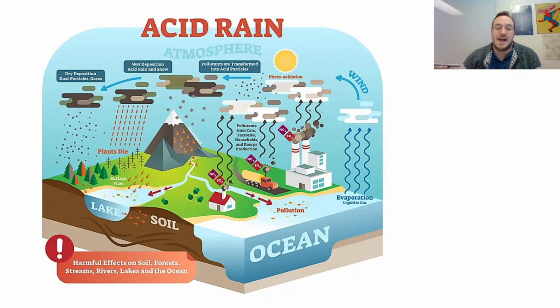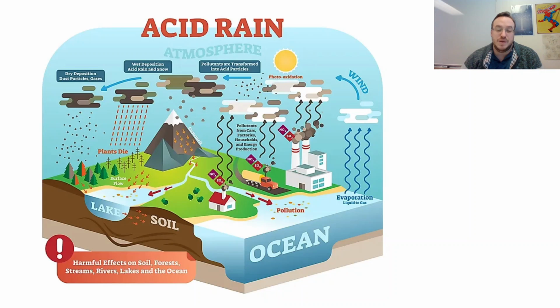And then after the precipitation, the clouds can also dissipate and deposit dust particles or pollutant gases farther downwind. As the acid rain can also run off into lakes, or it can infiltrate the soil and actually cause large lasting damage to an area.